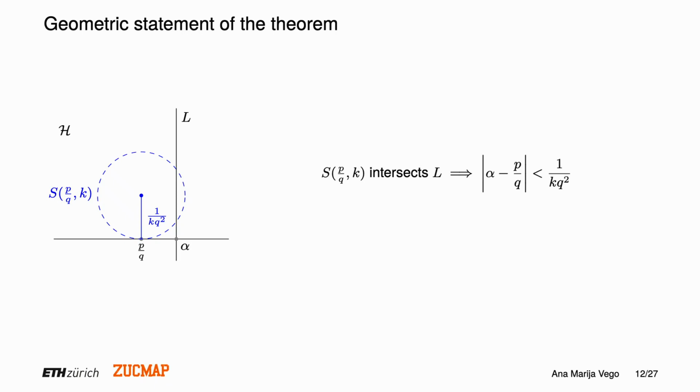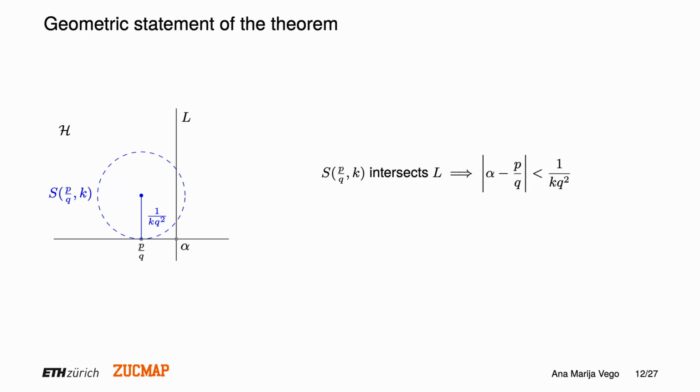We consider the upper half plane, and this irrational point alpha is somewhere placed on the real line. Through the point alpha, we draw a perpendicular line, which I call L.